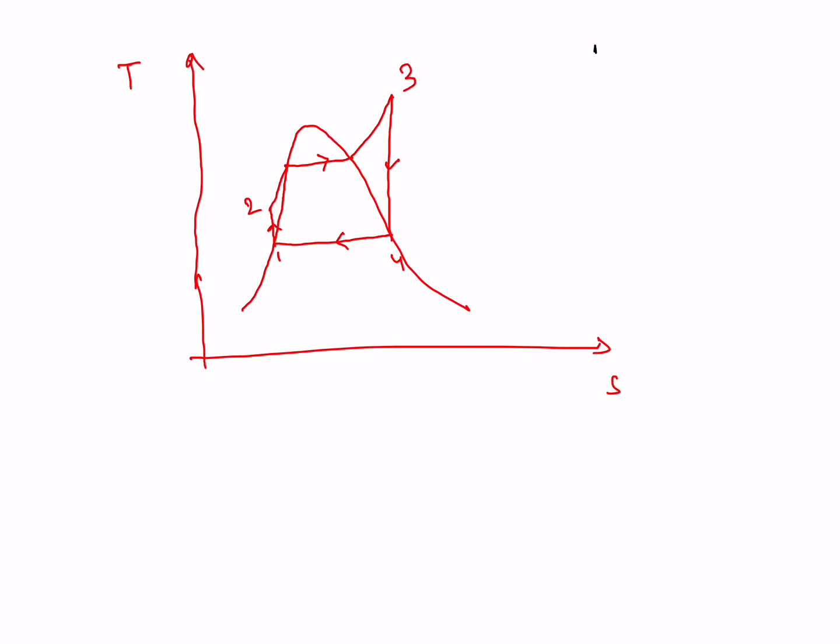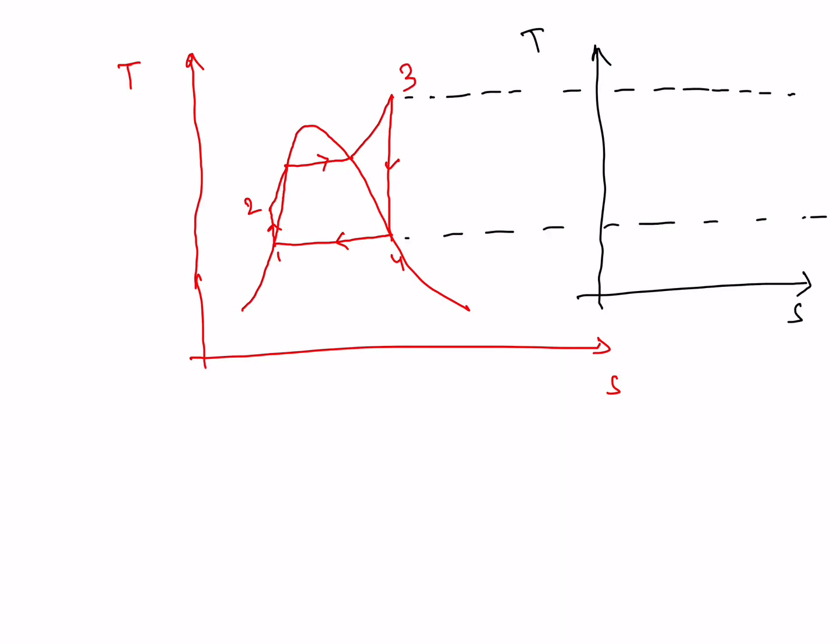Then if you compare with the Carnot cycle TS plot, you will get the same temperature limits. So T1 you will get here. 1 to 2, 2 to 3, 3 to 4, and 4 to 1.